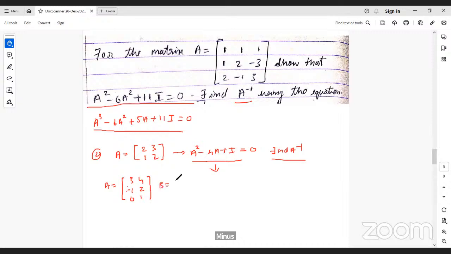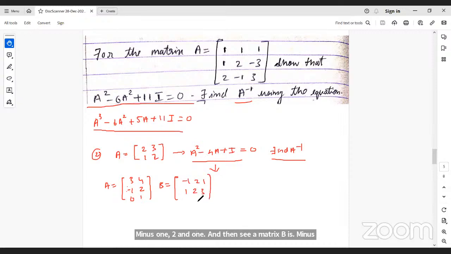And matrix B is minus 1, 2, 1 and 1, 2, 3. So this is the given matrix.